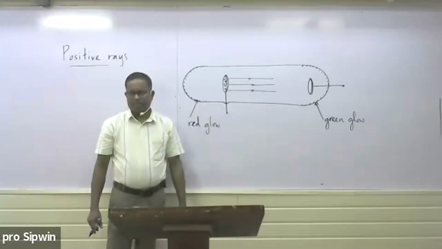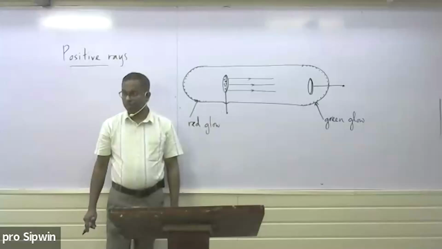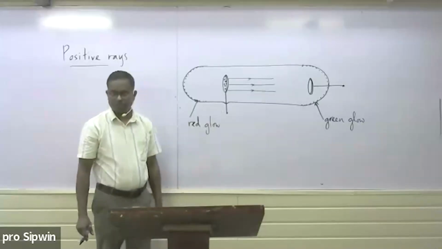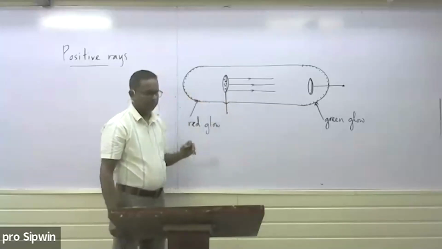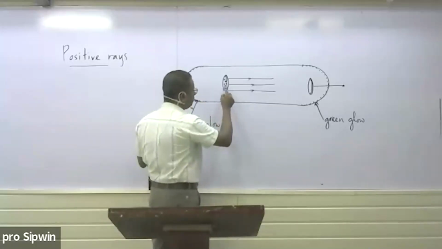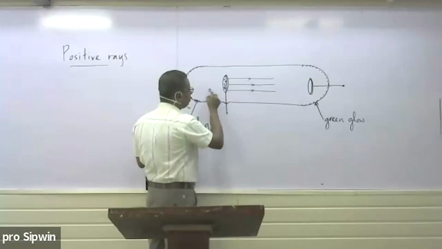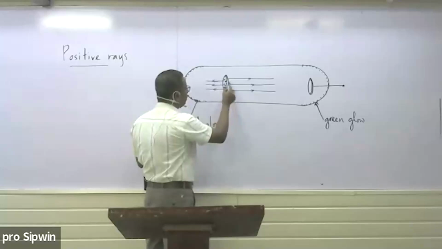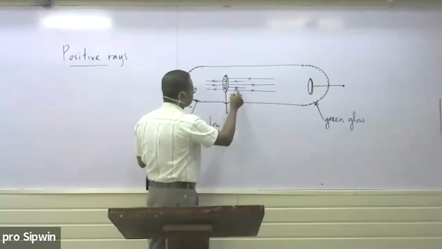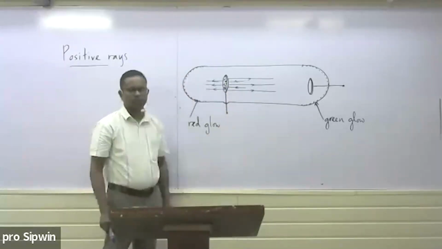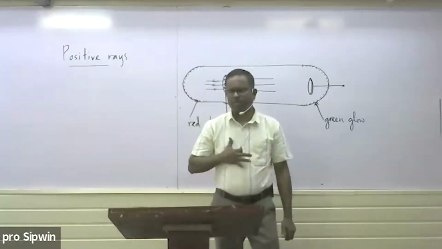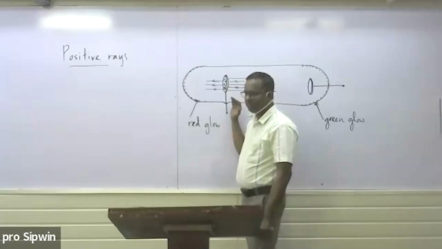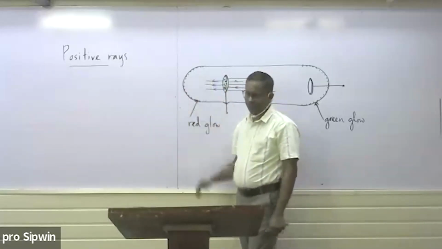When carefully studying, he identified another type of radiation, a stream passing in the opposite direction, moving through these holes and coming to this side. Through the perforated cathode passes a different type of radiation, which gives the red glow here.